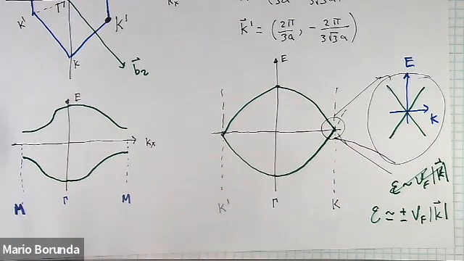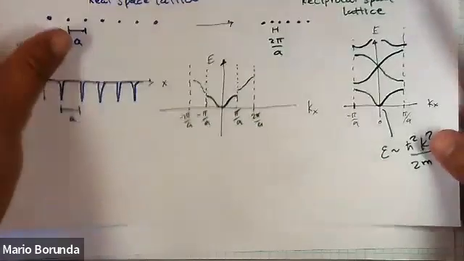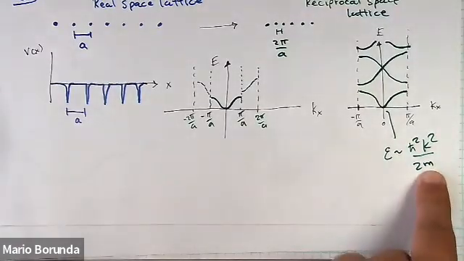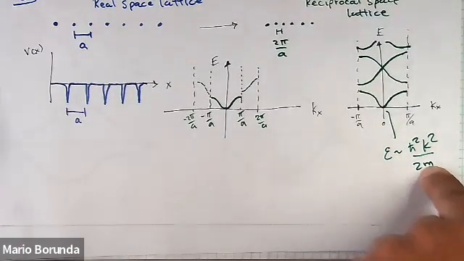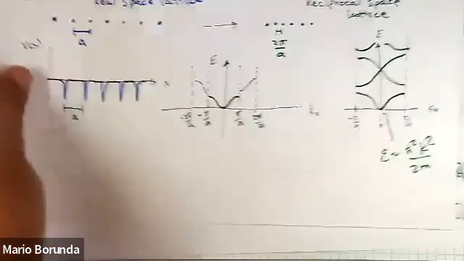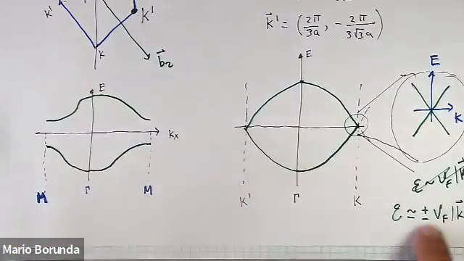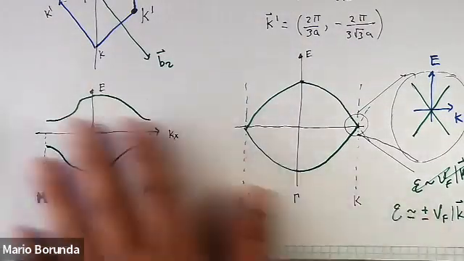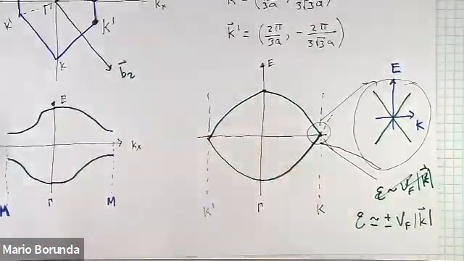Because in most systems that we know of, the energy is proportional to the square of the wave vector. Here, the energy is proportional to a number, a speed, times wave vector. This is what relativistic particles do.